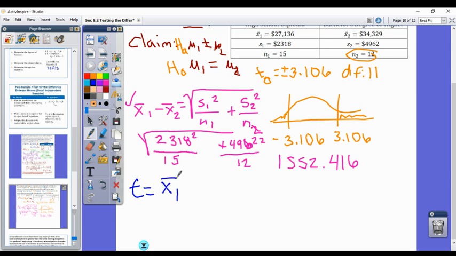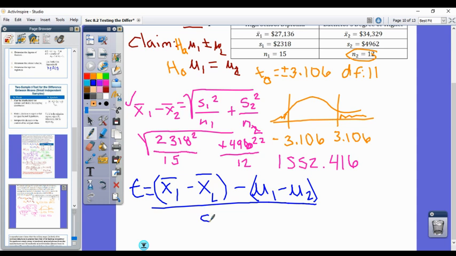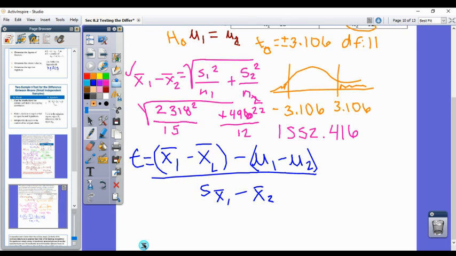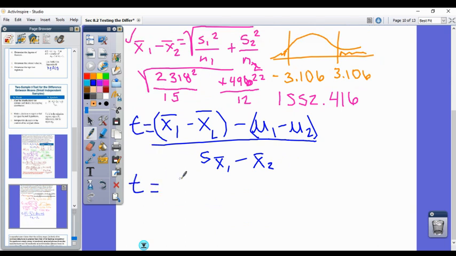So x bar 1 minus x bar 2, minus mu1 minus mu2. All right, so let's see.